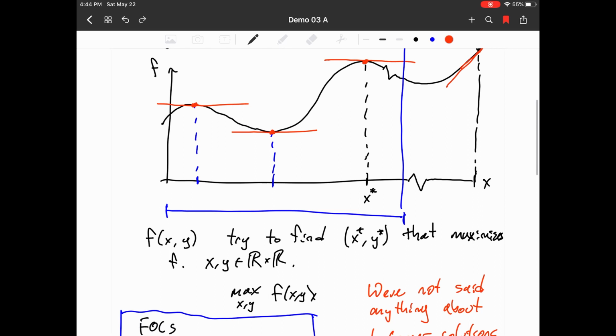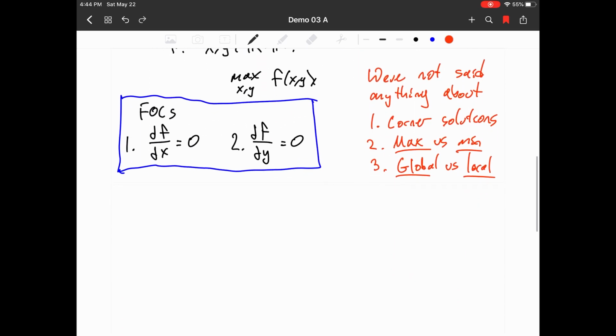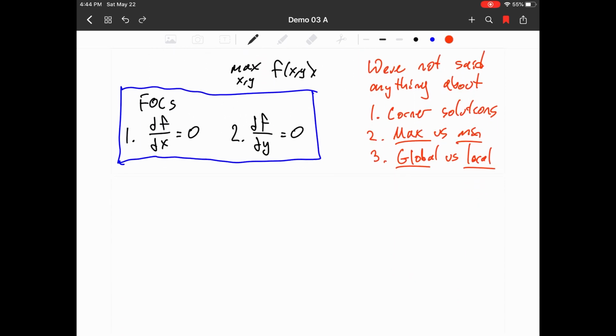So in most situations, the first order conditions are going to be enough to pick up the solution. But a lot of times you'll see multiple solutions, and that's when you should make sure you're looking at a maximum or a minimum, or you're looking at multiple global versus local extreme points.